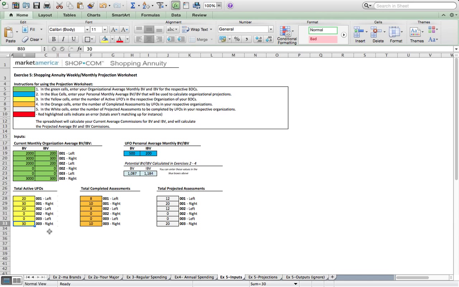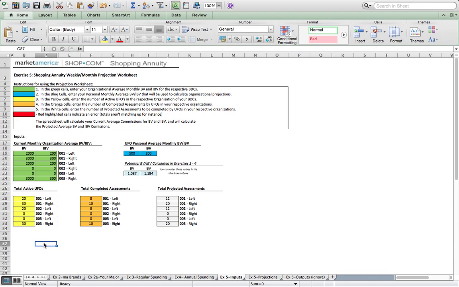Now, if you make an error and you put in the wrong number that doesn't make sense, the system is going to turn it red, meaning that it doesn't make sense if you have 30 people on the right of your 1 and 31 on the right of your left. It should be identical. So you need to go and insert the right number. So if you feel that you have errors occur, just go back because there was an error made and they want to make sure your numbers are accurate.